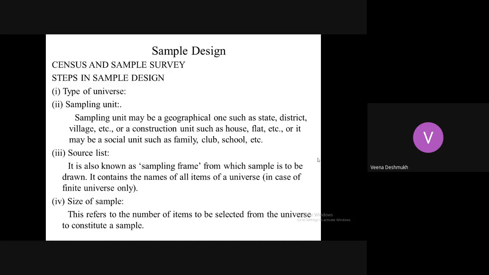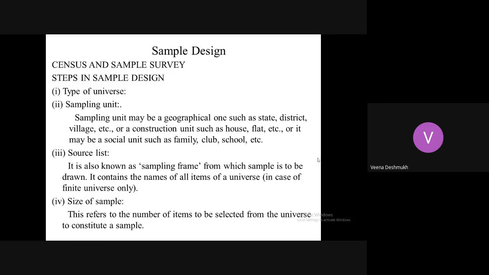Under such cases, the sampling unit size varies. A sampling unit can be a simple school or a college or a specific public area where the vaccination drive was conducted. So, sampling unit size varies depending upon the issue or the research problem.